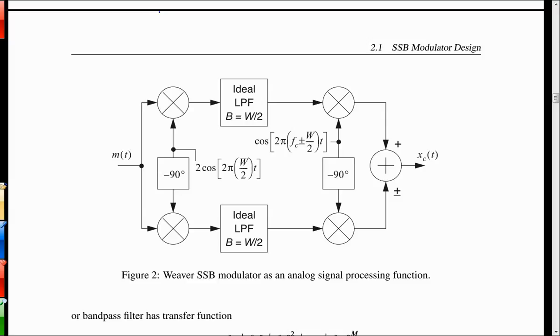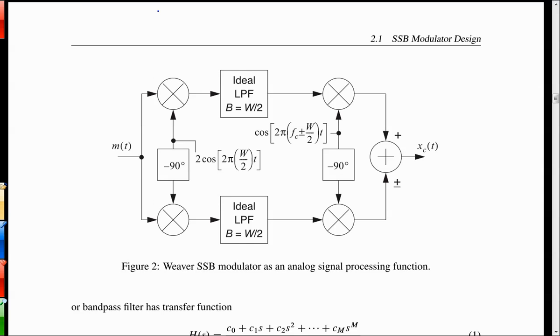We're going to go through the math next week, and we'll see the Hilbert transform does its thing. This does the implementation without the Hilbert transform in the direct form. This is more or less an indirect way, but it's more implementable in hardware or in a software simulation.